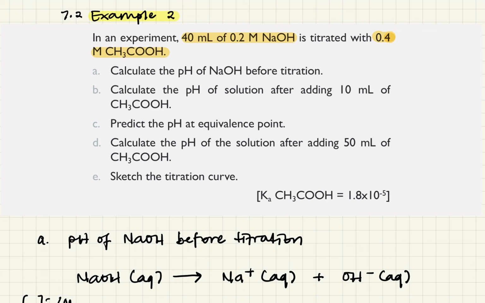Sodium hydroxide is our analyte, and it is a strong base. It's titrated with 0.4 molar acetic acid, your titrant. That is your weak acid.